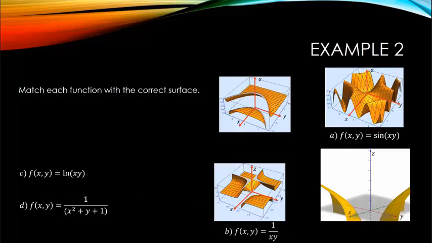My third function, f of xy, is equal to the natural log of xy. In this case, neither x nor y can be 0, but I cannot have x and y with differing signs. This means I'm looking for a graph in which the surface will exist in regions where x and y have the same sign.